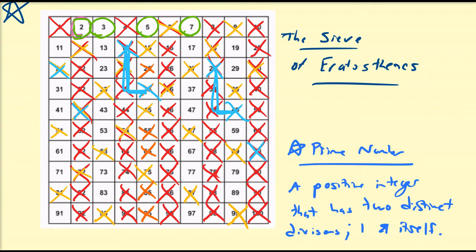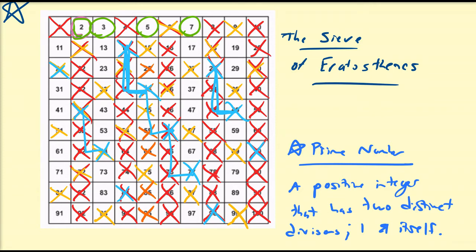If we move down an L from this point, this is going to be canceled out here. And if we go down here, that's going to cancel out 77. And we can continue this process forever, right? So if we move down an L from this position, that's going to cancel out that, and that's going to cancel out that, and so on. So the multiples of 7 are very, very easy to spot, at least in this pattern.